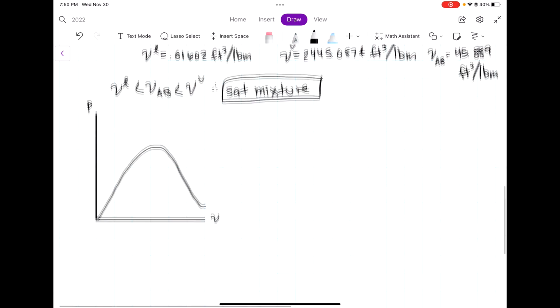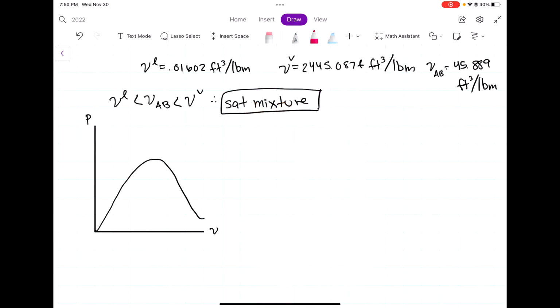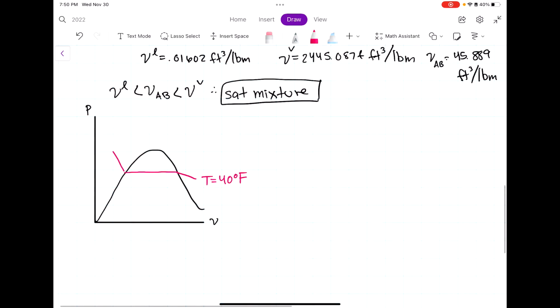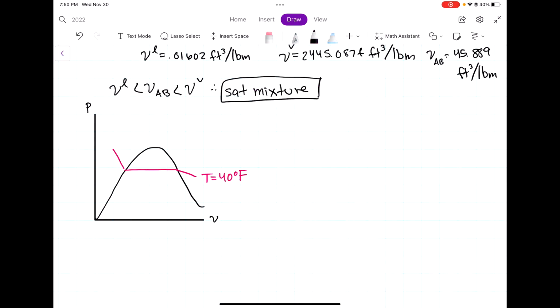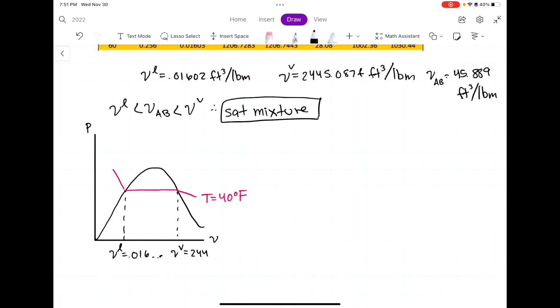So let's say we looked up the temperature at 40 degrees Fahrenheit, and we looked up the saturated liquid value, which was this, and then we looked up the saturated vapor value, and we saw that ours landed between those two numbers.